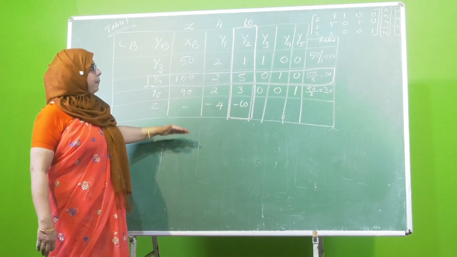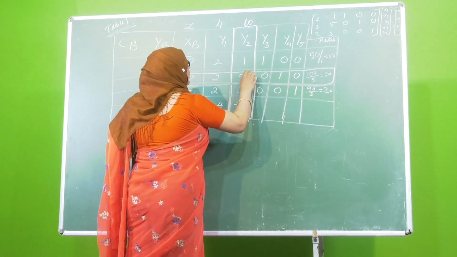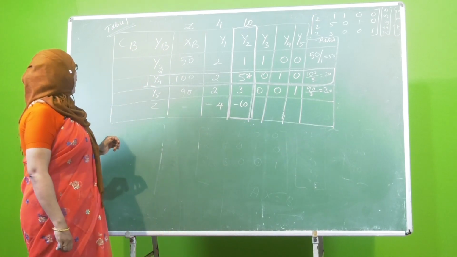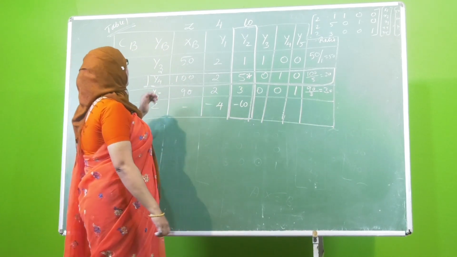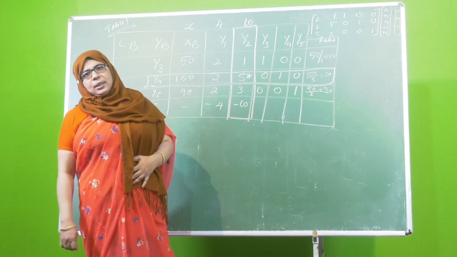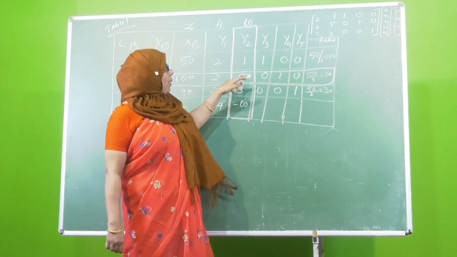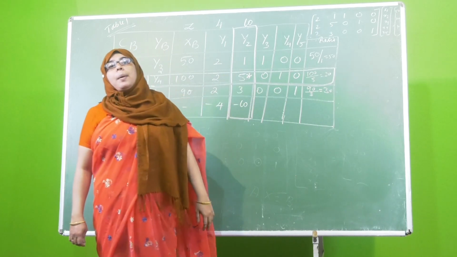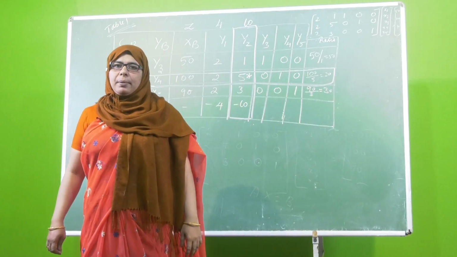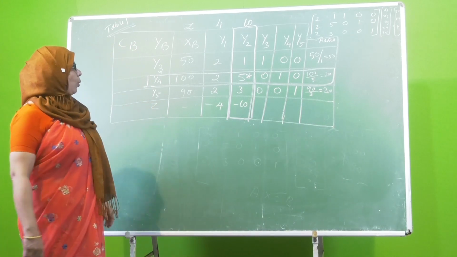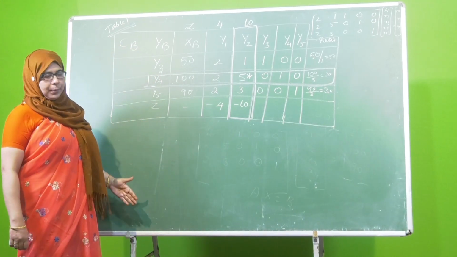So we proceed: 5 is the pivot element. The pivot element is the row and column intersecting element. Okay. Now we proceed to the second tabular column.